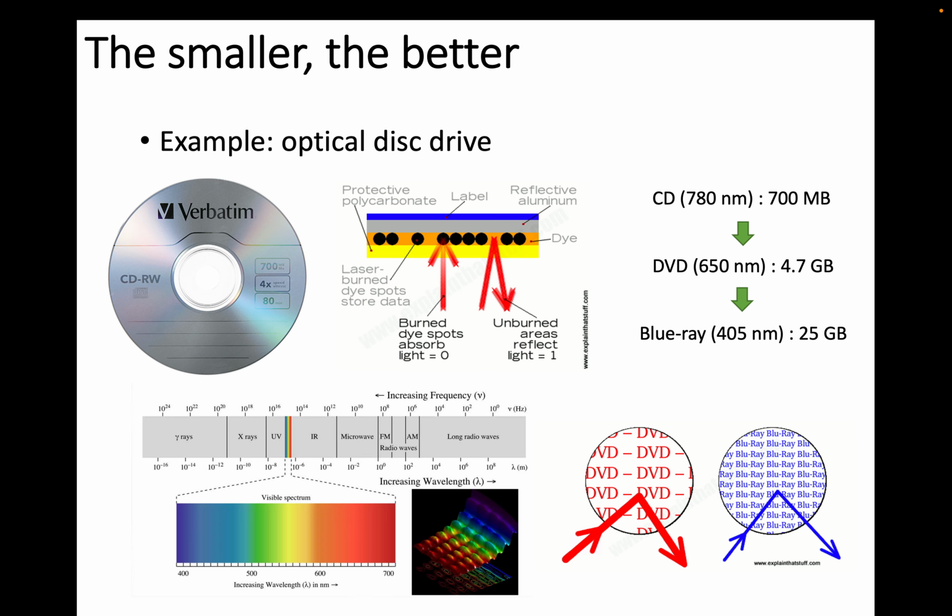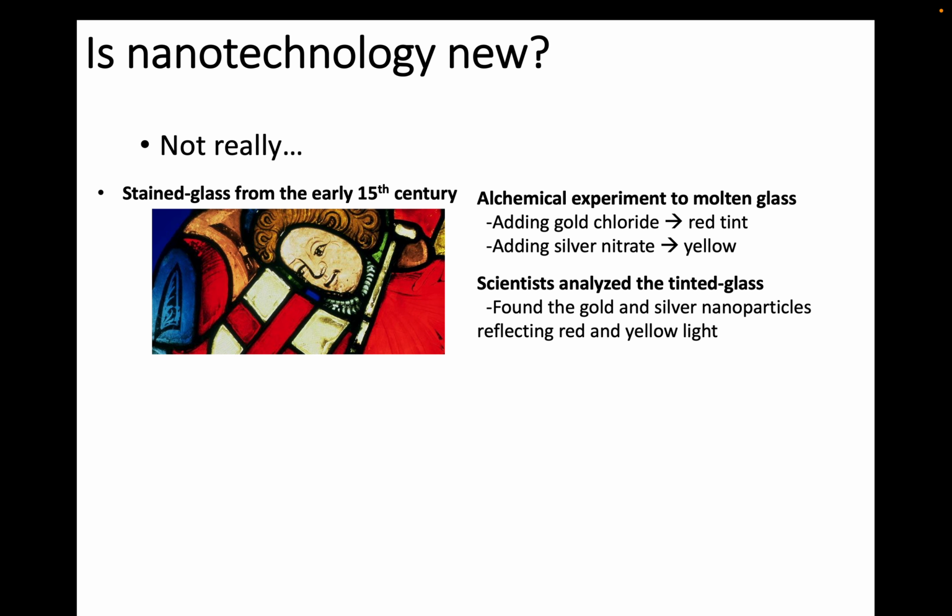The reason is that we are creating smaller transistors, and for a given platform we can fit more transistors. That is why we can achieve high computing power and also higher data storage. So that is how it works.